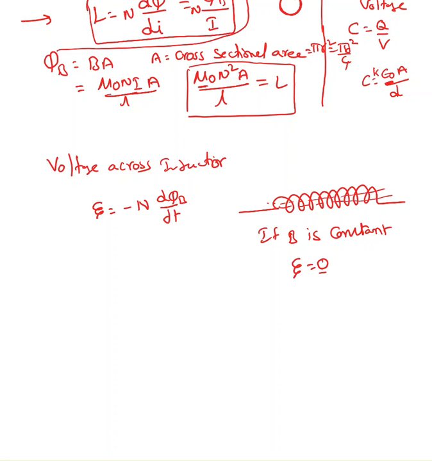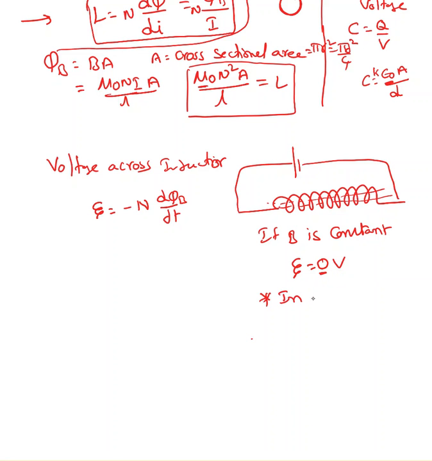E equal to 0 volts. That's a short circuit. So if I connect this to a DC source, that will produce a constant magnetic field. Whenever I see a constant magnetic field, the voltage across the inductor is 0.